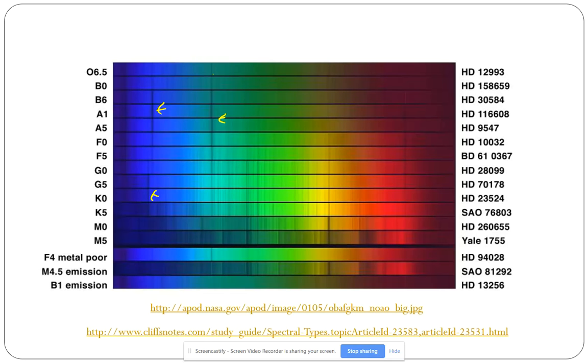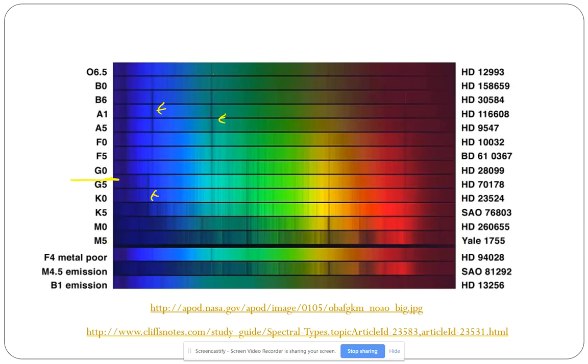So a B0 is hotter than a B6. And so you can see you go down the O6.5, B0, B6, A1, A5, F0, F5, G0, G5. The sun is a G2. So the sun is somewhere around there in temperature.